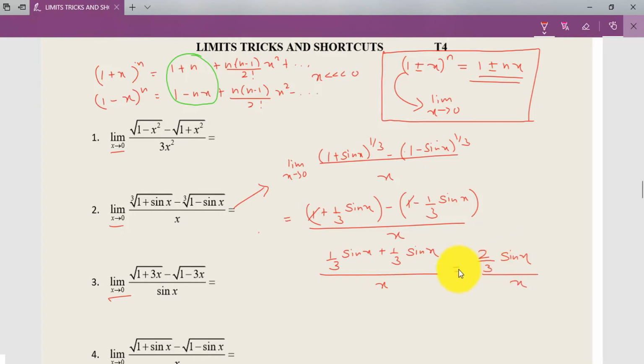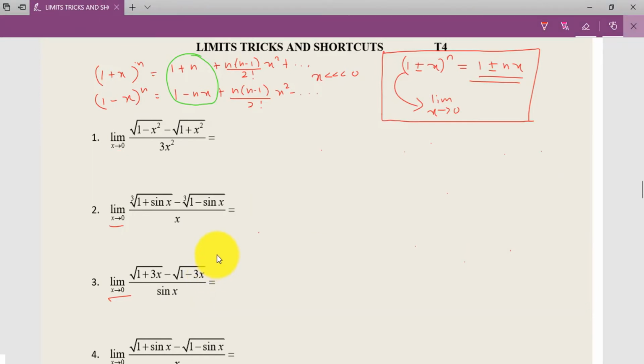The limit is still there, limit of x tends to 0, and you have a standard limit: limit of x tends to 0 of sin x by x always gives you 1. So finally your output will be 2/3.